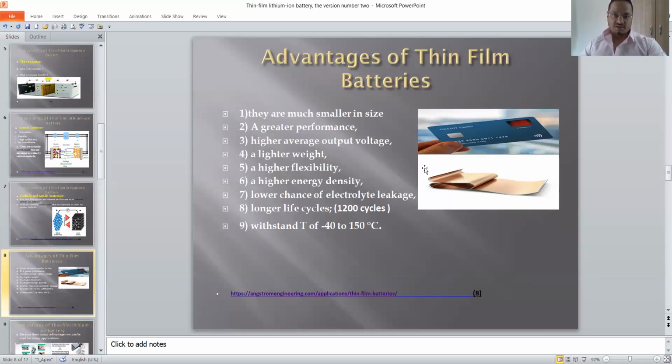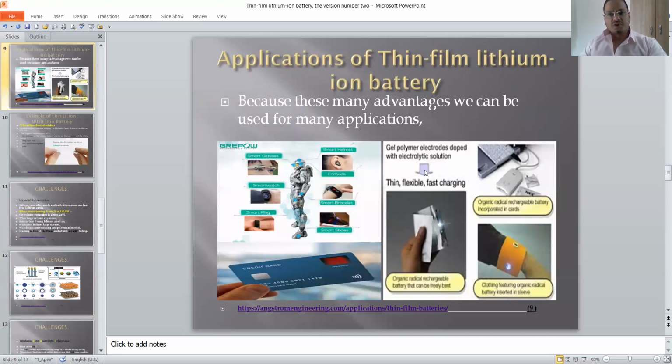Now let's go to another slide. We have more pictures, but I selected just these; I think this will be enough. Applications of thin film lithium-ion batteries: because of these many advantages we can use them for many applications, like I said before, in the credit card project, in smart glasses, in smart watches, in robots.